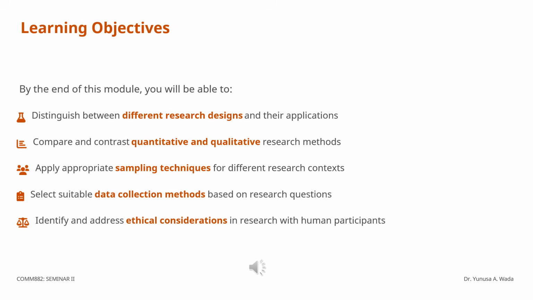So now let's look at some of the learning outcomes. By the end of this module, first you will be able to understand the different stages of the research process, and secondly, you will be able to distinguish between various research designs, including quantitative, qualitative, and mixed method approaches. Third, you will learn about different sampling techniques and their appropriate applications.